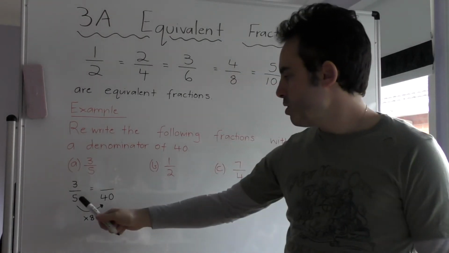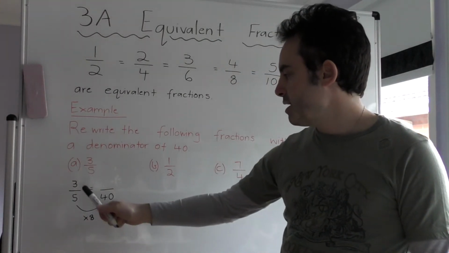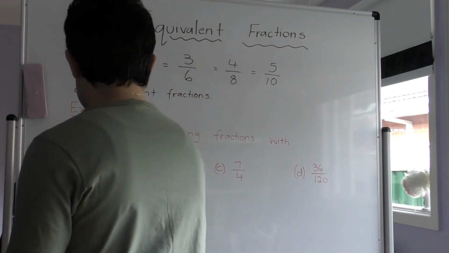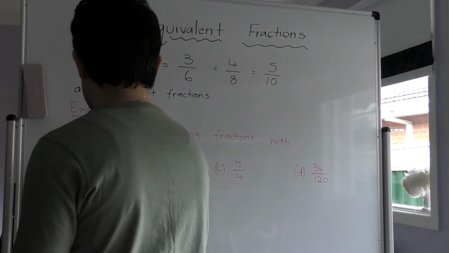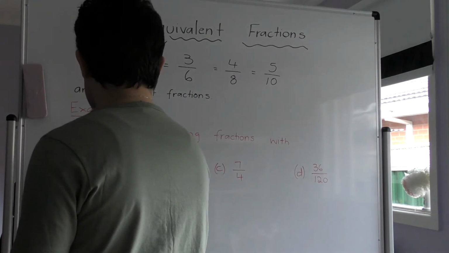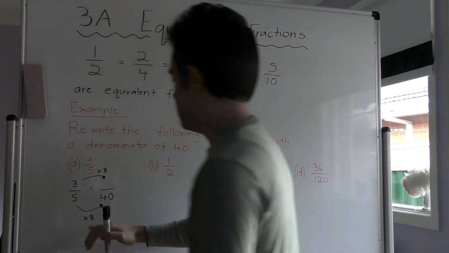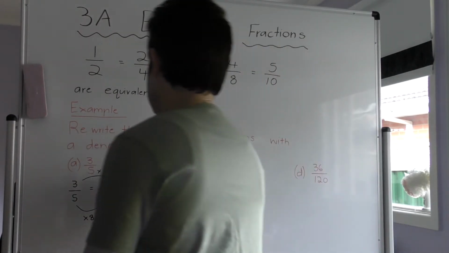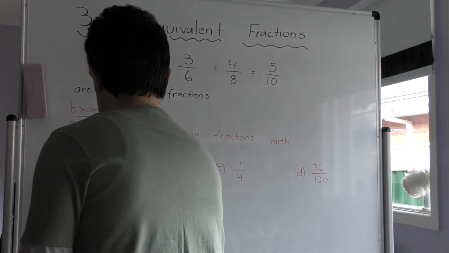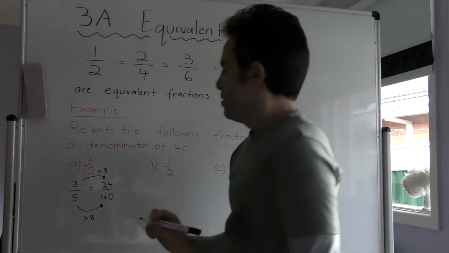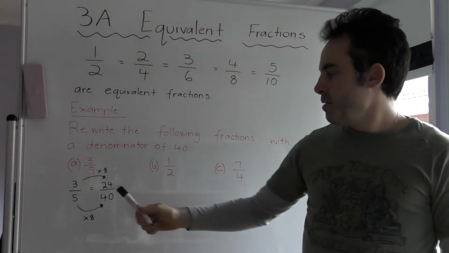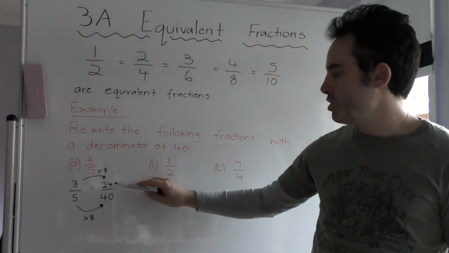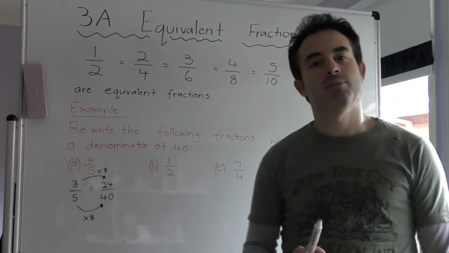So if I've multiplied the bottom number by 8, I also multiply my top number by 8. 3 times 8 is 24. Now I have rewritten my fraction with a denominator of 40. It's going to be 24/40.